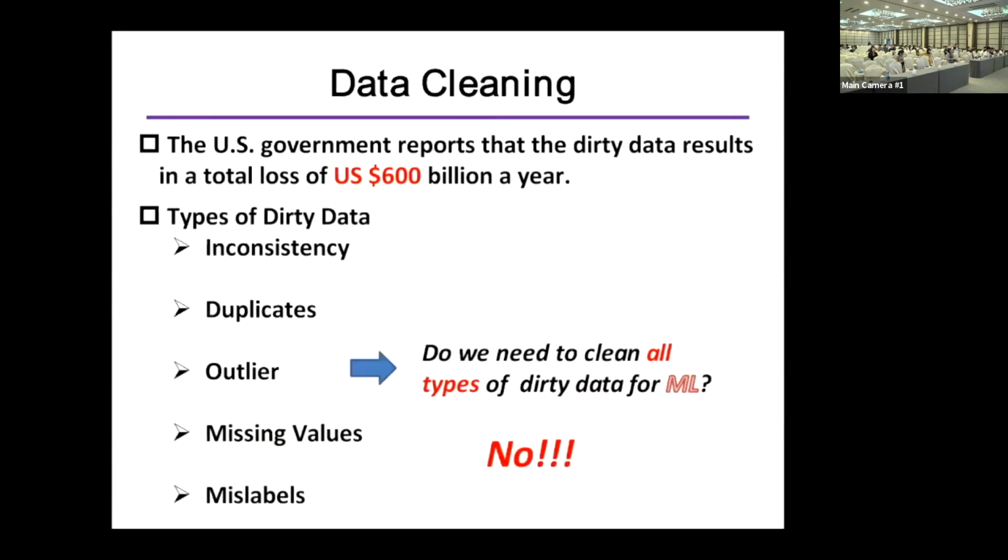There are many types of dirty data, including inconsistency, duplicates, outliers, missing values, mislabels. There are a lot of tutorials and surveys talking about data cleaning, how to detect, where to detect, and what to detect dirty data.